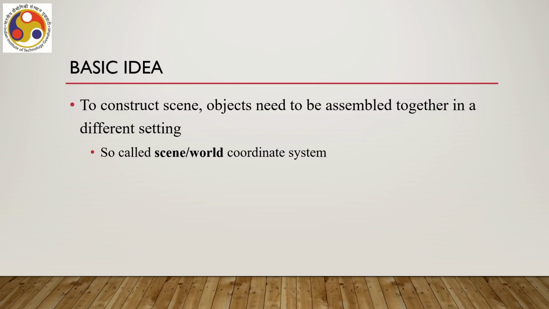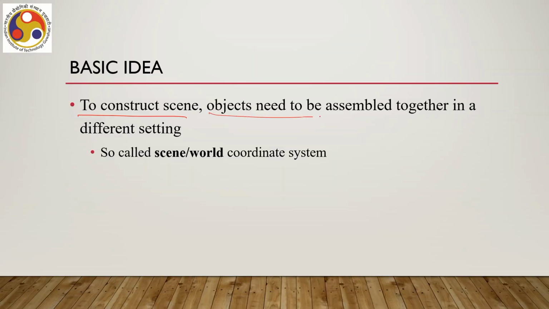Now, in order to construct a scene, what we need to do is put multiple objects together. Each individual object is defined in its own coordinate system or its local coordinate system. We need to redefine the object in a common coordinate system where all the objects can be put together and defined.